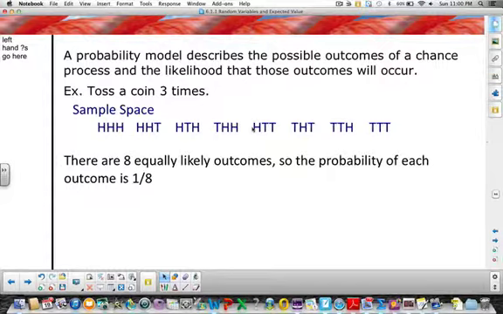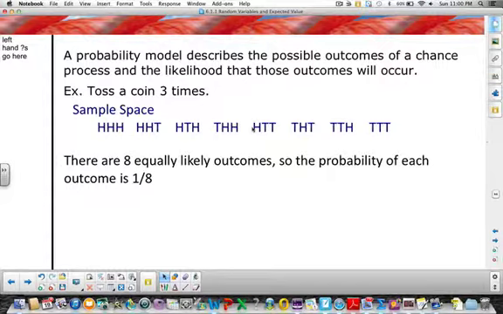In other words, we had all 3 tails. The next possibility is that x is 1. If x is 1, that means we have only 1 head and 2 tails, right? So we could have heads, tails, tails, tails, heads, tails, or tails, tails, heads. If x is 2, then we have 2 heads and 1 tail. So heads, heads, tails, heads, tails, heads, or tails, heads, heads. Or finally, the last possibility is that we could have all 3 heads.